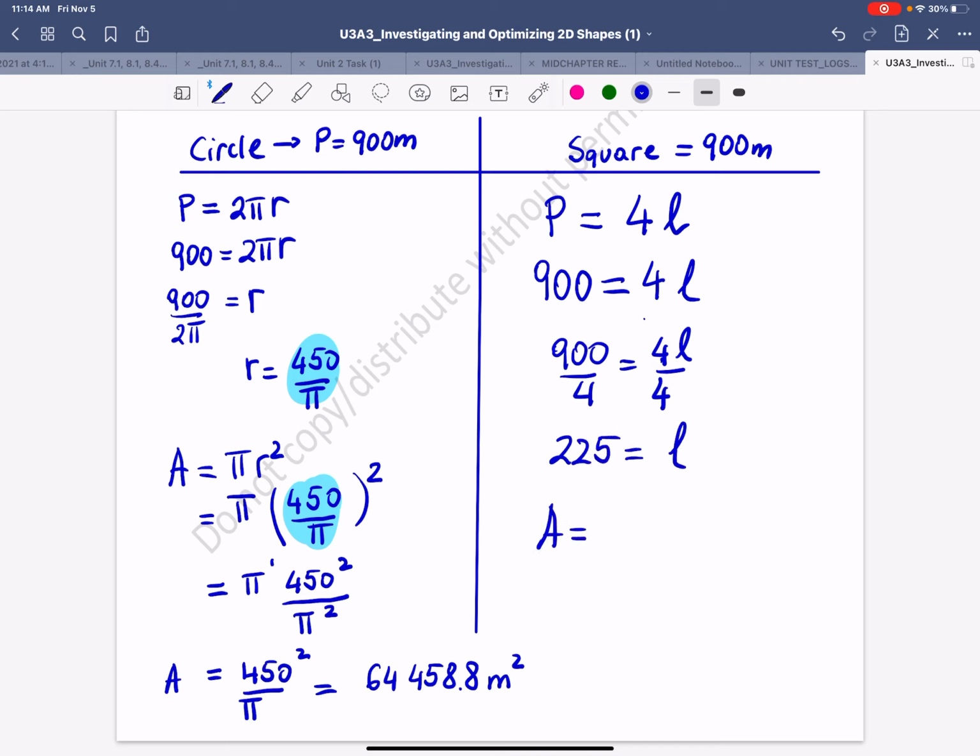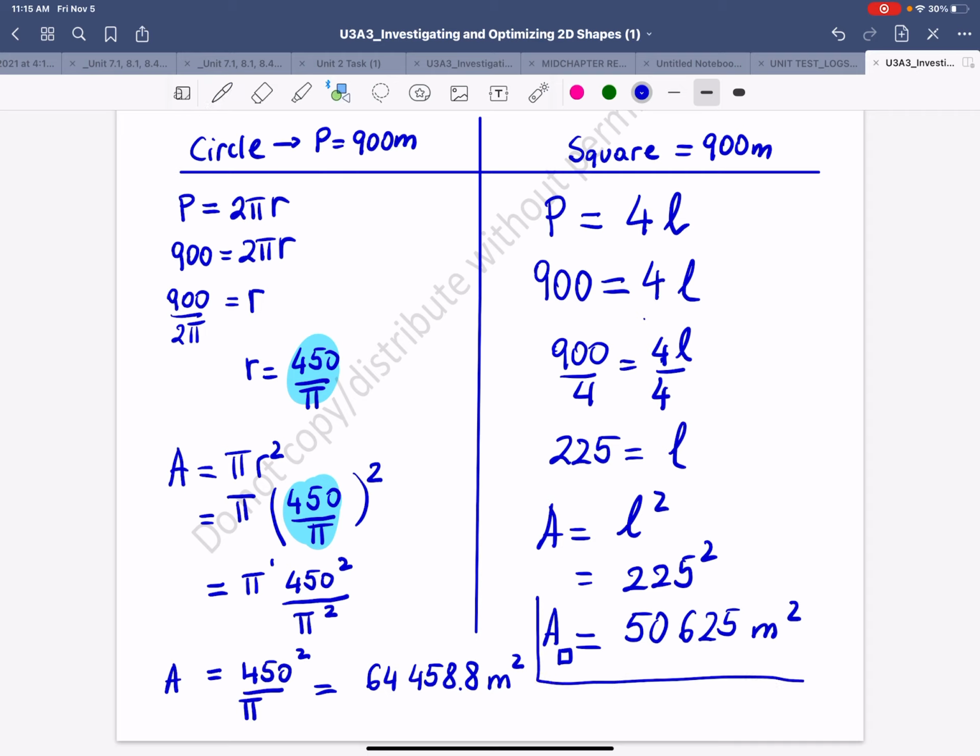So that means that the area, which is L squared, will be 225 squared. Use the calculator to find this value and you will get 50,625 meters squared. So the area of the square with the perimeter of 900 meters will be 50,625.